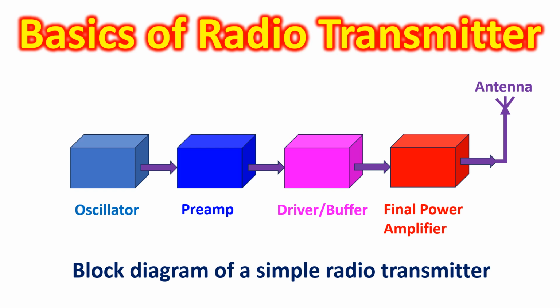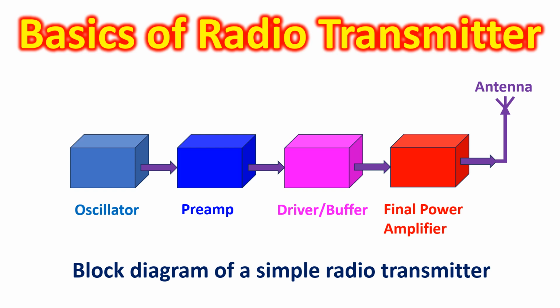Every radio amateur should know about the basics of a radio transmitter, whether you are going to operate a commercial one or make one on your own, what we call by the pet name homebrew. A radio transmitter is a device which generates a radio frequency signal and sends it out as radio waves through the antenna.